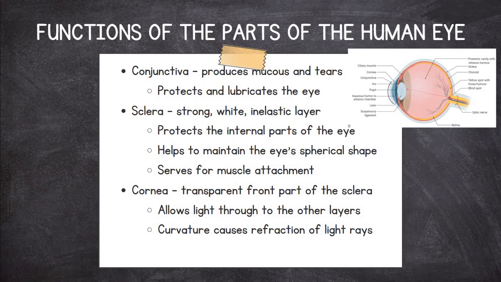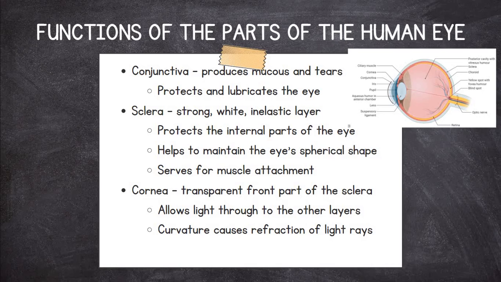And now we look at the function of each of these parts of the human eye. So the function of the conjunctiva, so that is like the little lens over the top, the structure here indicated in black. It produces mucus and tears to protect and lubricate the eye. And then we have the sclera. Now the sclera is a strong white inelastic layer of the eye. So that is the white part of your eye.